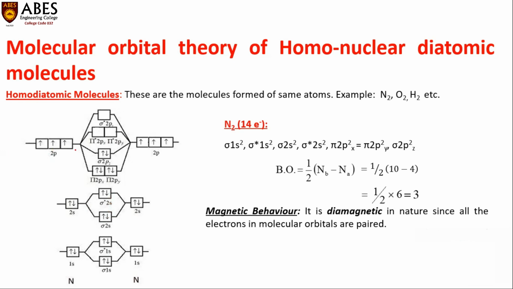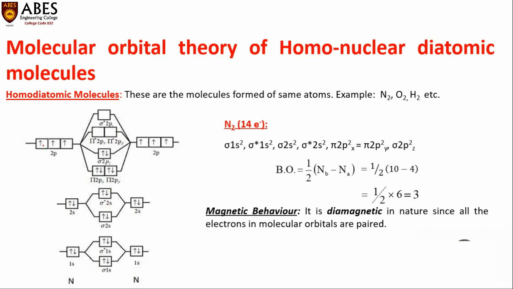Now, the 2p orbitals will combine and they will generate 6 new molecular orbitals, in which 2 will be pi 2px and pi 2py and 1 will be sigma 2pz. Then the filling of the electrons will take place in the pi 2px, pi 2py and sigma 2pz. So after the filling, 6 electrons are present here.